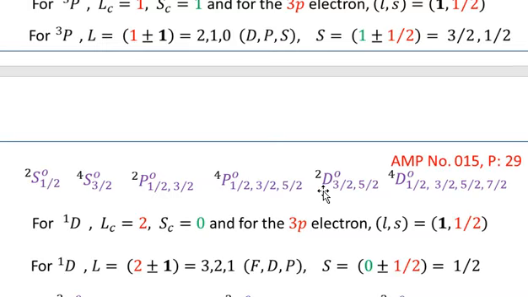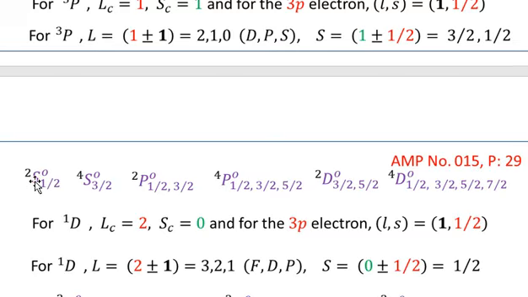O means that these terms have odd parity. And you see that I have also written the values of the total quantum number J of the atom. It is very easy to obtain the value of total angular momentum J of the atom. The total value of J is obtained by combining capital L plus minus capital S. From each term, you can obtain the values of capital L and capital S. For example, this is the S term.